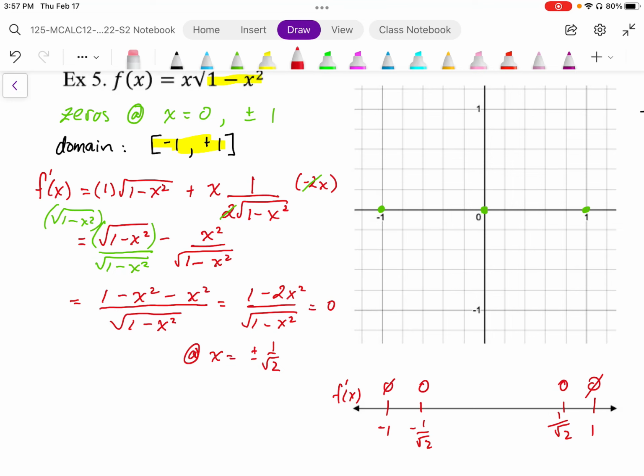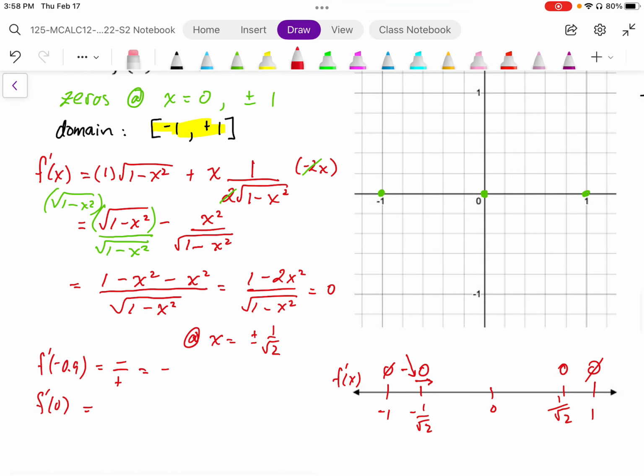So checking my slope chart here, I'm going to use maybe -0.9 as my test point. I plug that in, and I'm going to end up with negative in the numerator, and the denominator has to be positive in that domain. So I get negative slope in here, so it's going to go down. Looks like that might be a minimum, so I'm going to test my slope at 0. So I put 0 into my derivative.